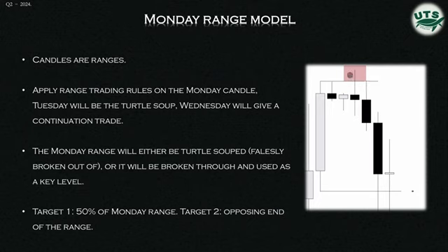Range, turtle soup, and rejected back into the range, you target 50% and the opposing end of the range, right? Every single time. This allows for reevaluation and potential mistakes in your analysis, either by reversing higher or dumping much lower than you thought. Right? And that's where runners come in the next lesson.